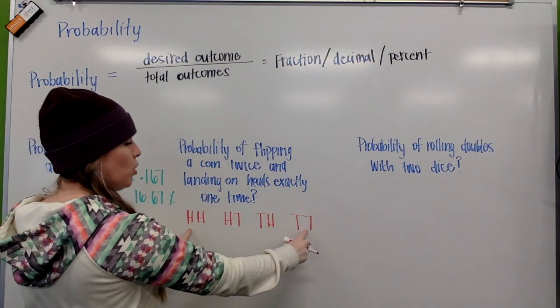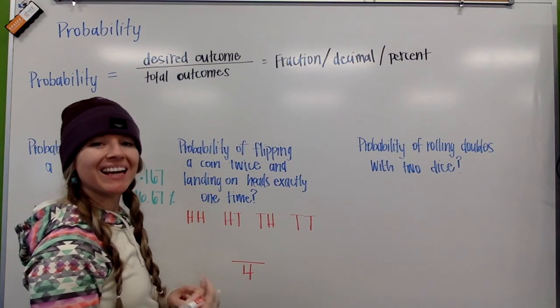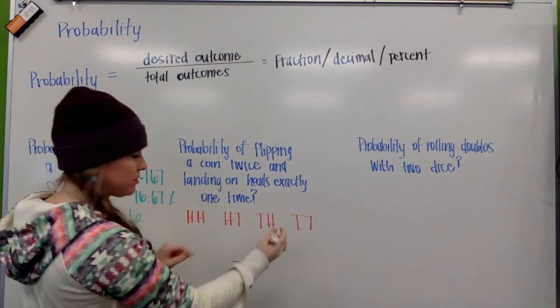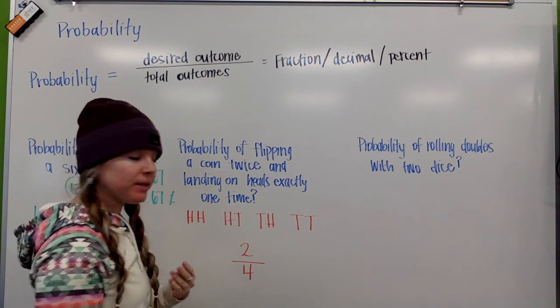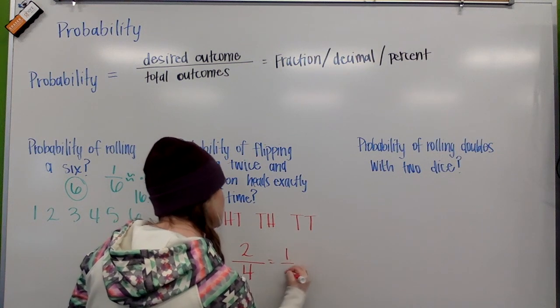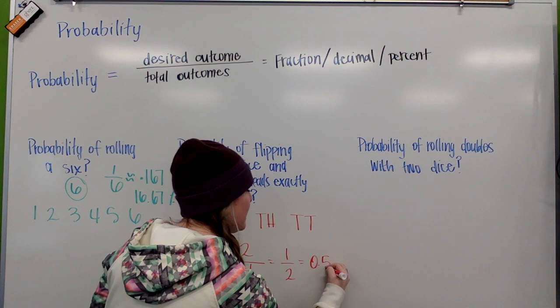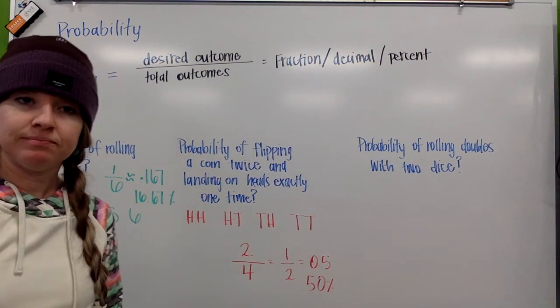So we have 4 total outcomes, and we want to know where we're going to get heads only once. So that's these 2 here. So that's 2 out of 4. That's your probability. We're going to reduce that to 1/2, which we could say is 0.5, or again, 50%.